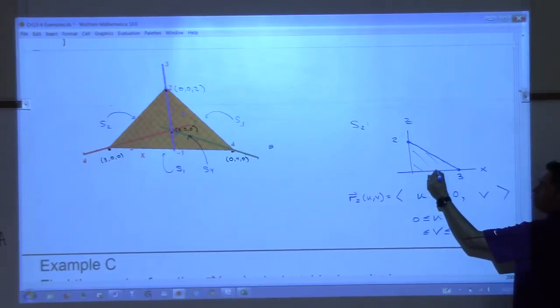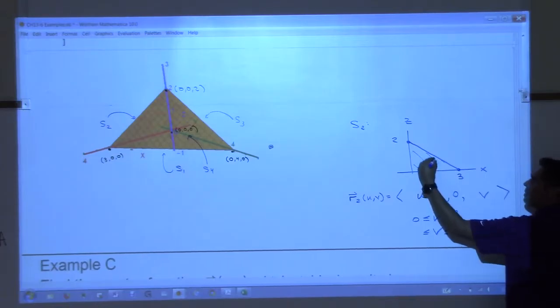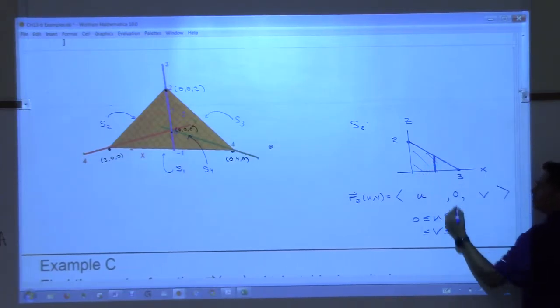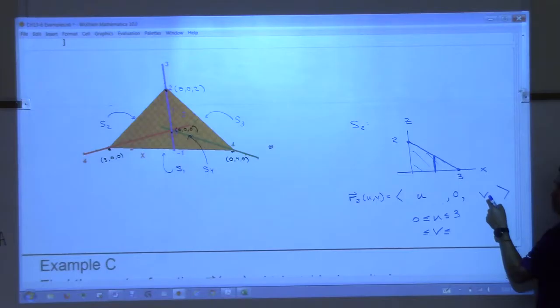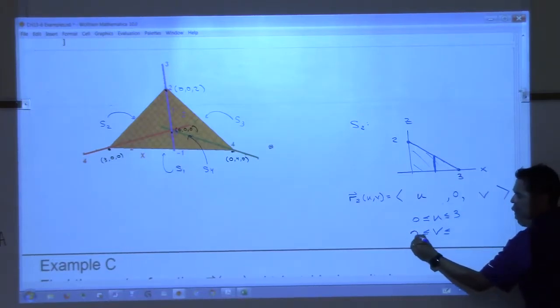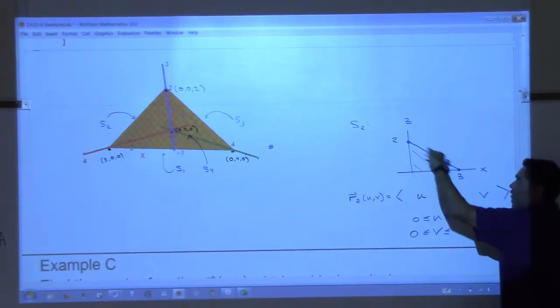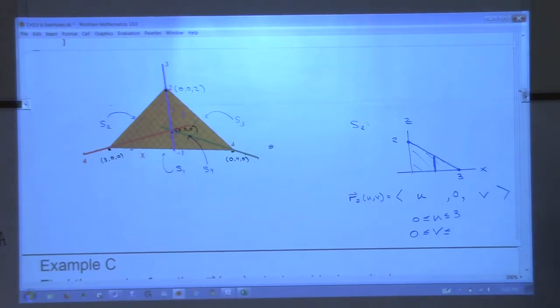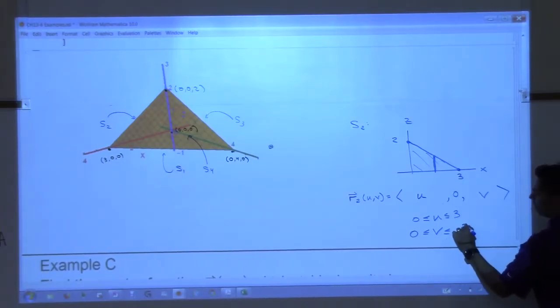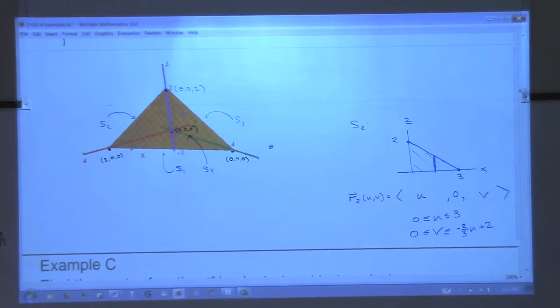Fix me a u somewhere in here. Now I want everything between here and here. So I want my v, which is my z coordinate, my up and down, to go between 0 and that thing. And what is that thing? Negative 2/3 u plus 2. You get it? Okay.